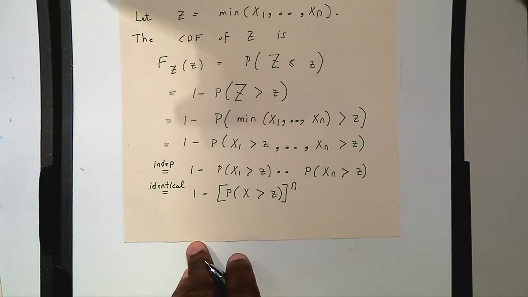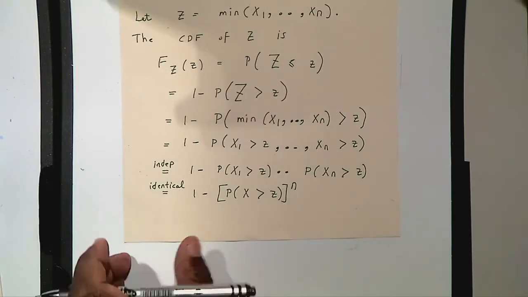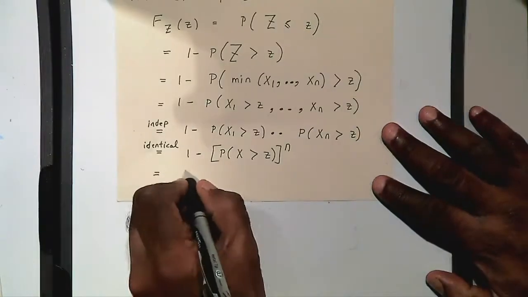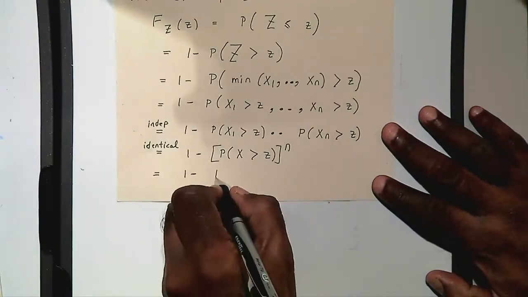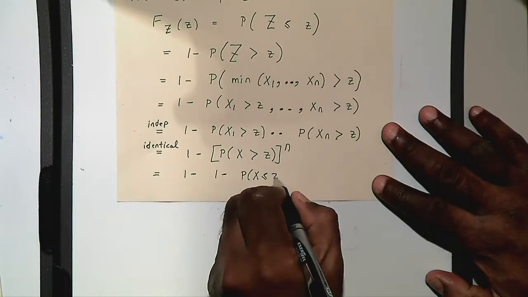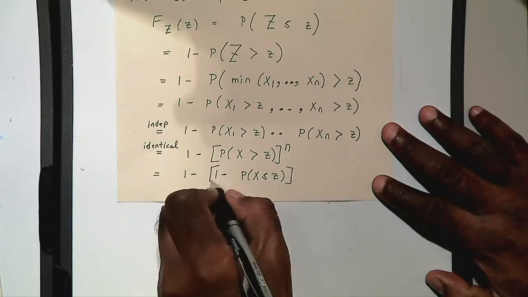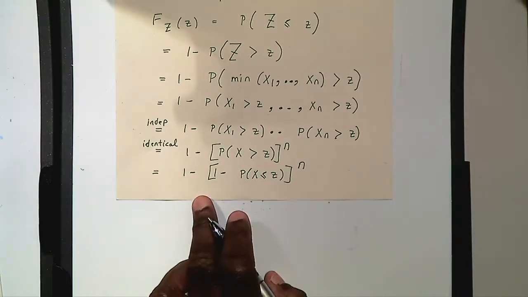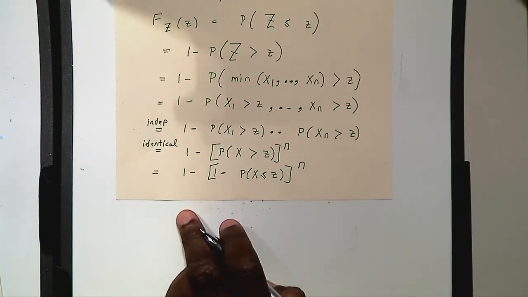Yeah, that's using the fact that x1 to xn are identically distributed, right? And finally, you can write this guy as 1 minus the probability that x, I know it looks long, but once you start doing this, it will not be.